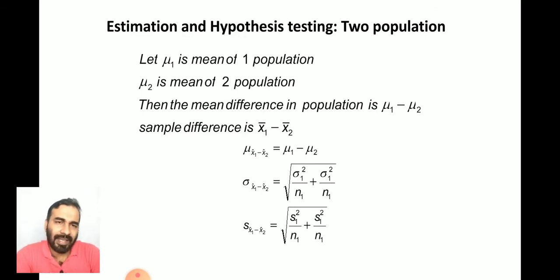Okay, but the standard deviation will be different. How can we find the standard deviation? The variance of x bar 1 minus x bar 2 will be equal to the population variance divided by the total number of observations in the first sample, n1, plus the population variance of the second sample divided by n2.